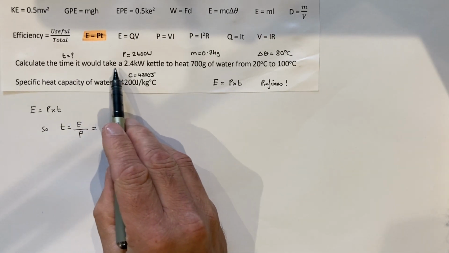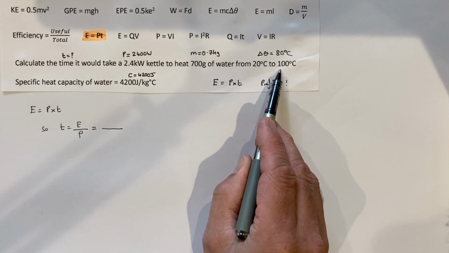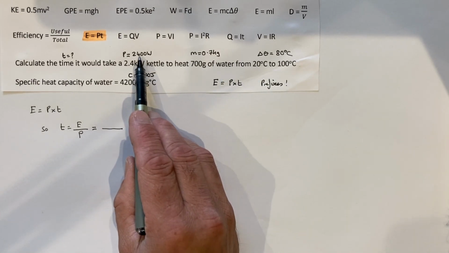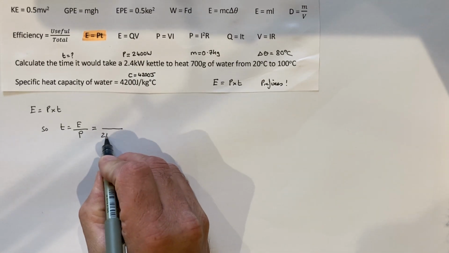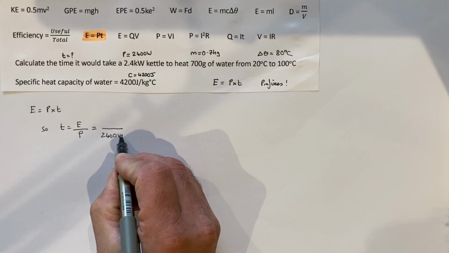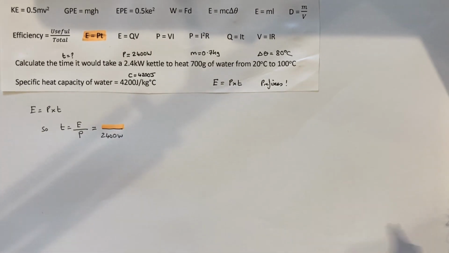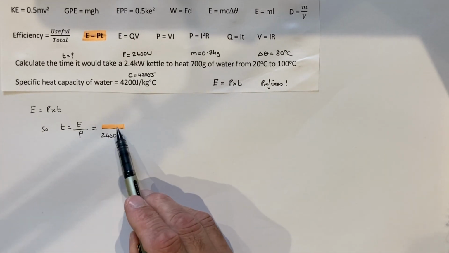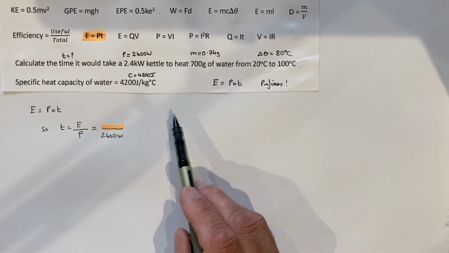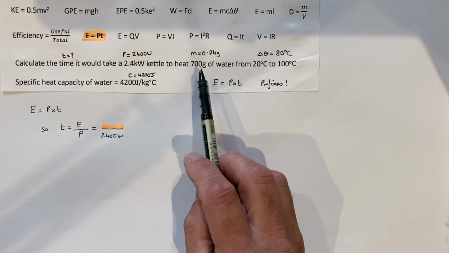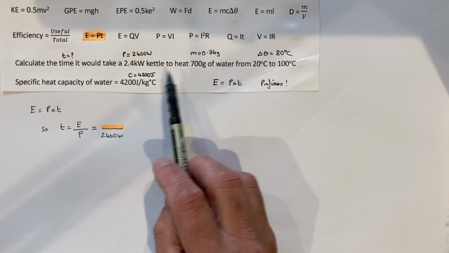So, do I know the energy? No, I don't. Do I know the power? Yes, I do. 2,400 watts. So I'm now going to highlight this because that's something I don't know. But I should be able to work it out from what else I've been given. So I'm looking for an equation that links energy with mass, temperature rise, and specific heat capacity.